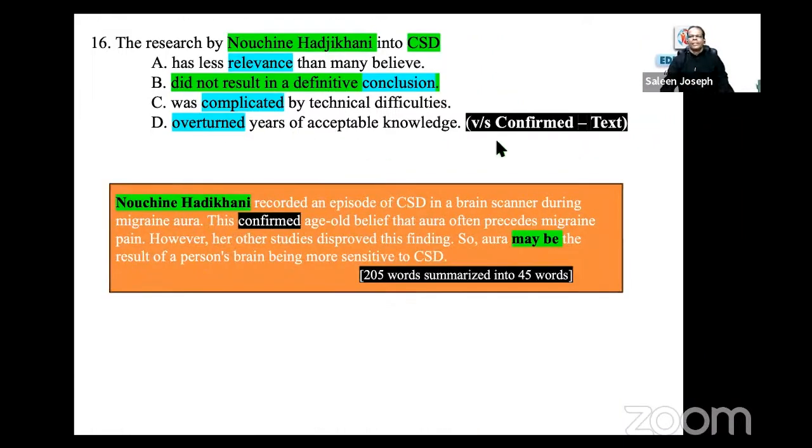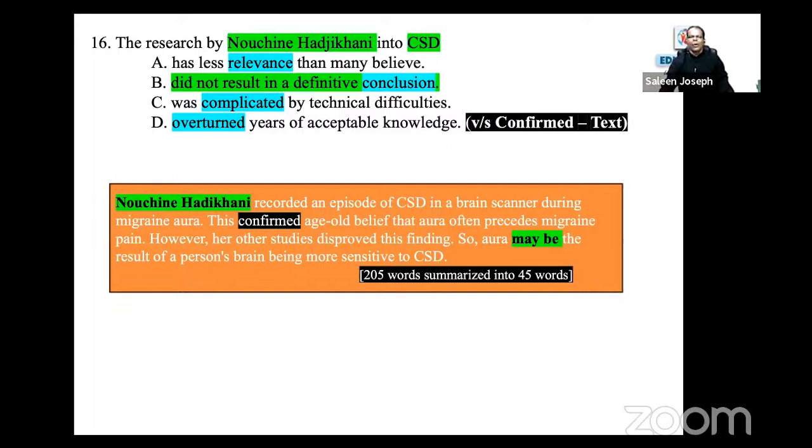See here, overturned versus confirmed. In the text, it says previous knowledge was confirmed. Nushin Hadkani recorded an episode of CSD in a brain scanner during migraine aura. This confirmed the age-old belief that aura often precedes migraine pain. Here, overturned years of accepted knowledge. Overturned means abolished or removed or vanished.